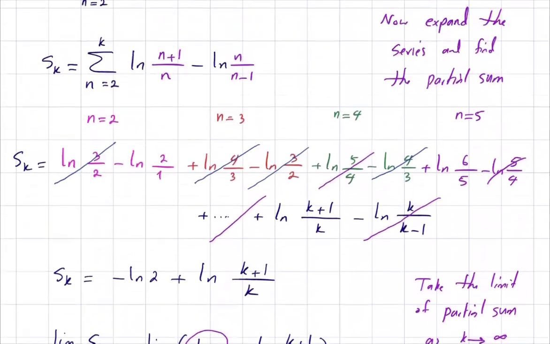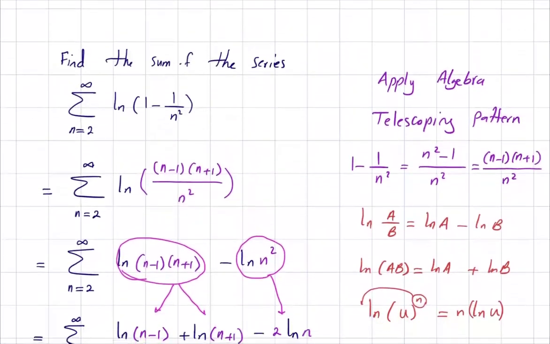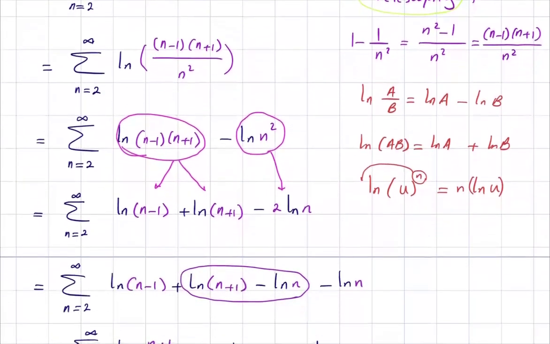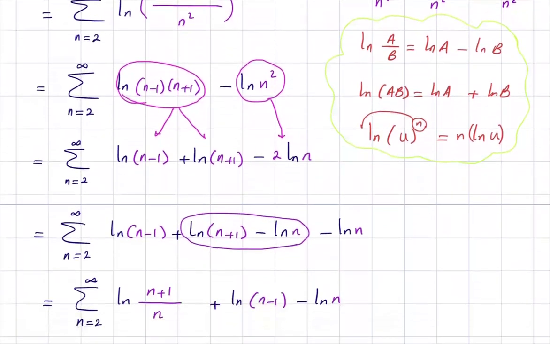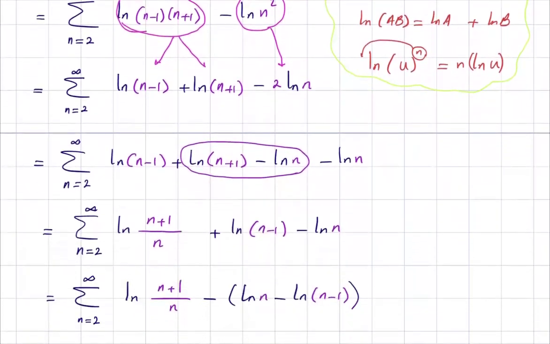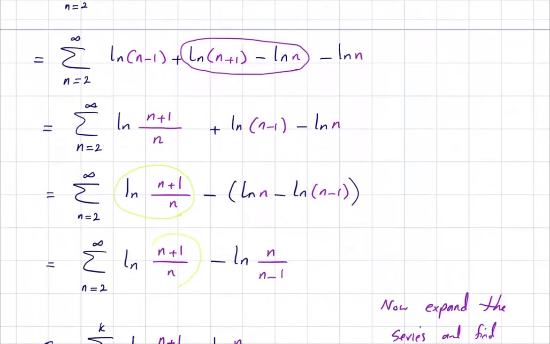So let us recap what we did. We are finding the sum of the following series. I'm going to apply the method of telescoping series. So I did a little bit of algebra. I broke this down into smaller pieces using the properties of ln. I have the ln of n plus 1 divided by n minus ln of n divided by n minus 1.